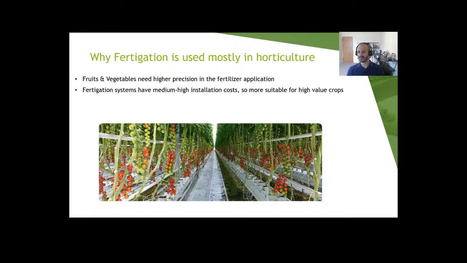Therefore, this equipment is more suitable for this sector, because these crops, also called cash crops, can generate more revenue, but they also need a much more accurate system, especially because they have high requirements in terms of fertilization.